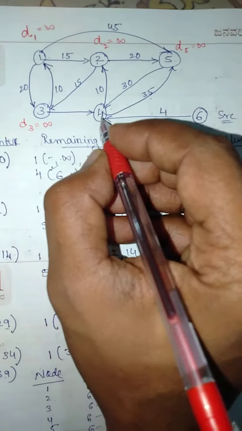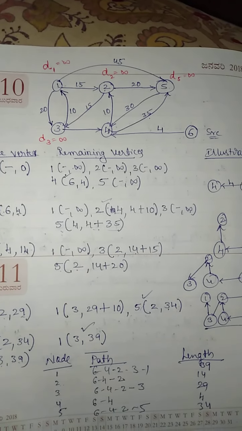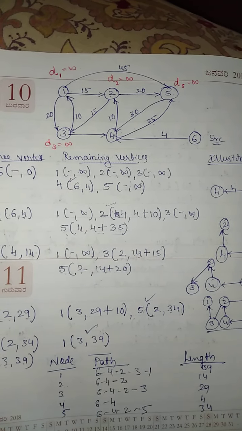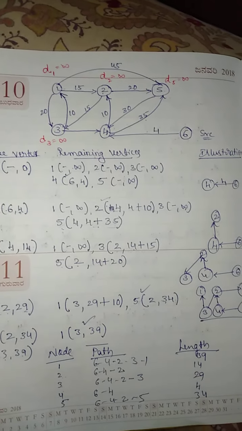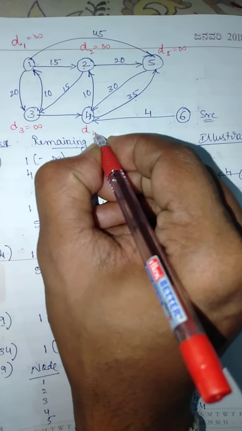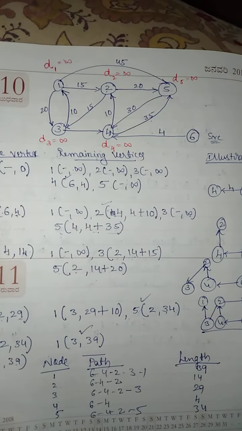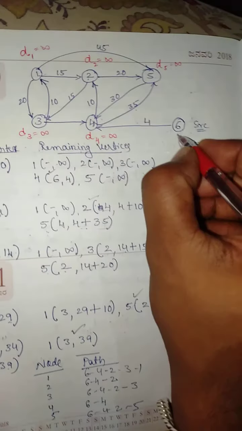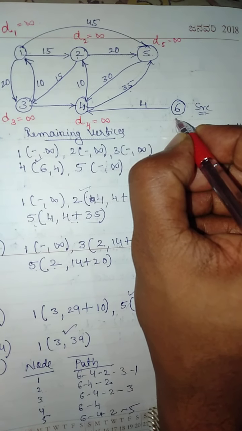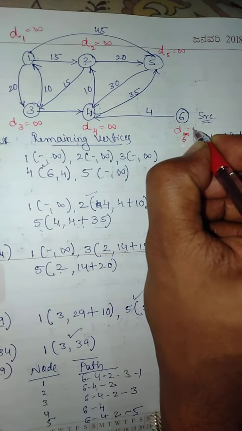Next, distance to node 4, let us first initialize it to infinity. And just for the understanding of the algorithm, let us initialize distance to 6 also to be infinity.